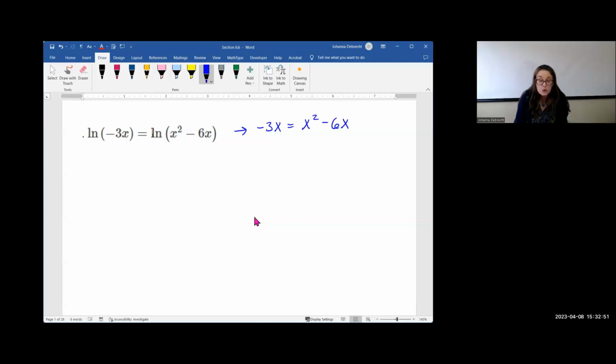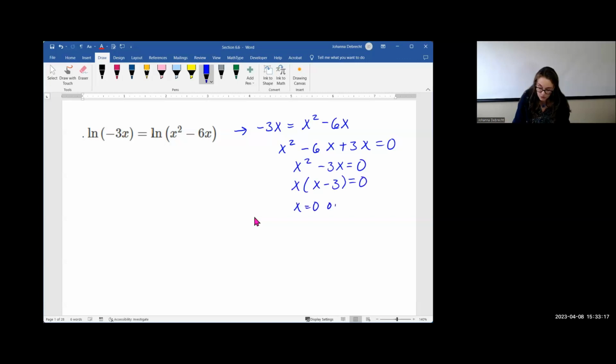And then I can move the -3x to the right, so I can solve the equation, which gives me x squared minus 6x plus 3x equals 0. Which gives me x squared minus 3x equals 0. Factor out the x and get x times x minus 3 equals 0.